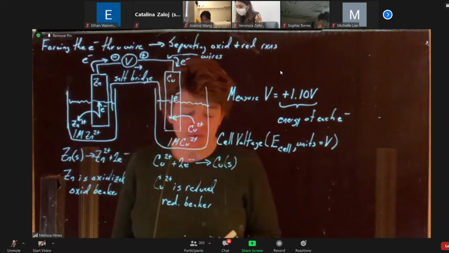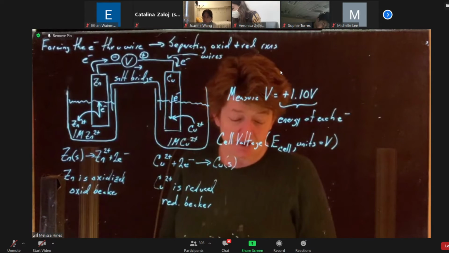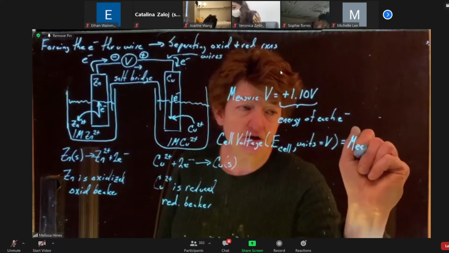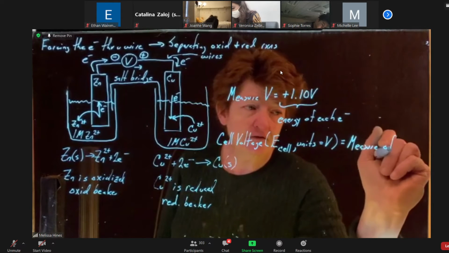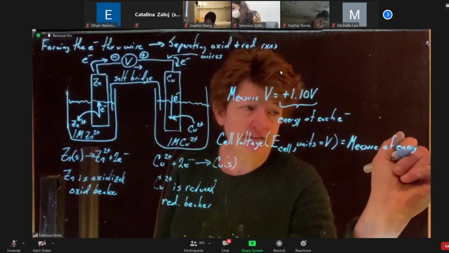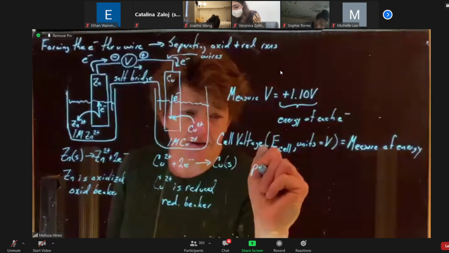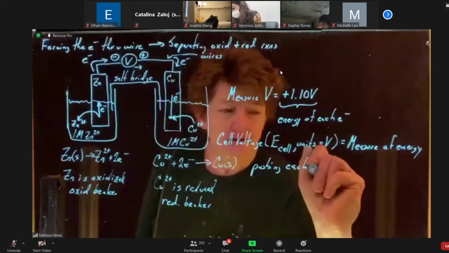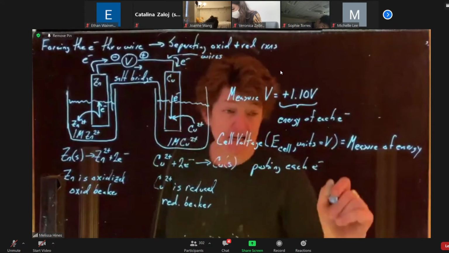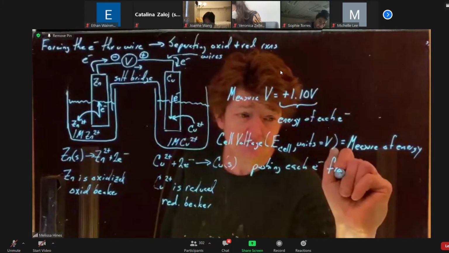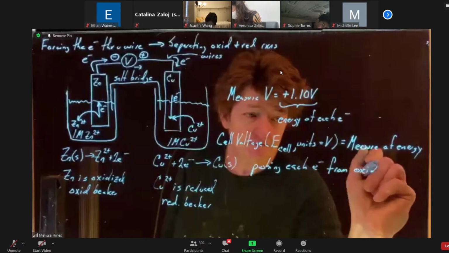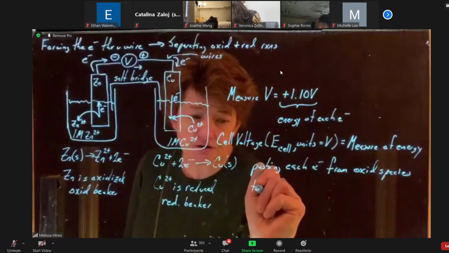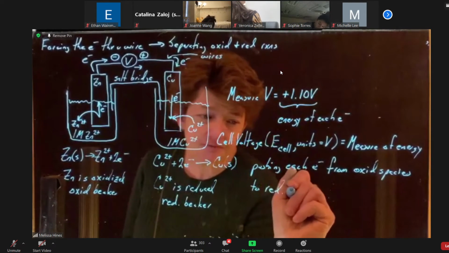Okay, and so this cell voltage is going to be a measure of the energy that is going to be pushing each electron from the oxidizing species to the reduction species, or to the reducing species.